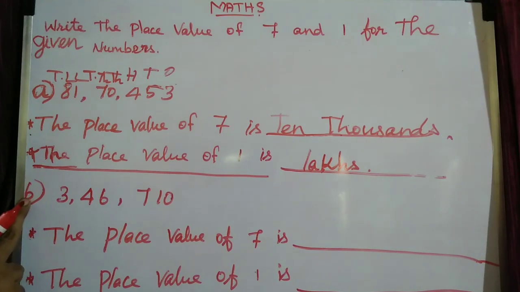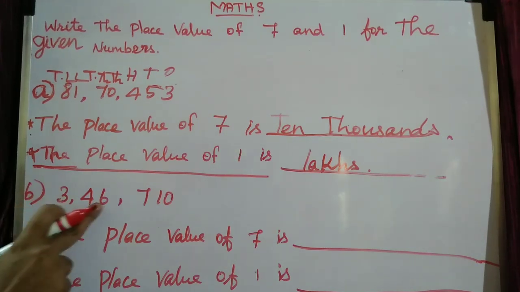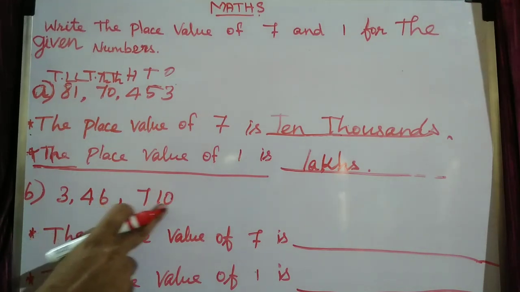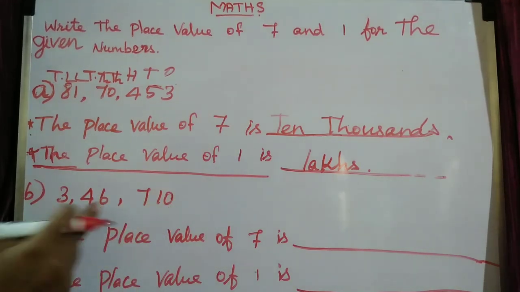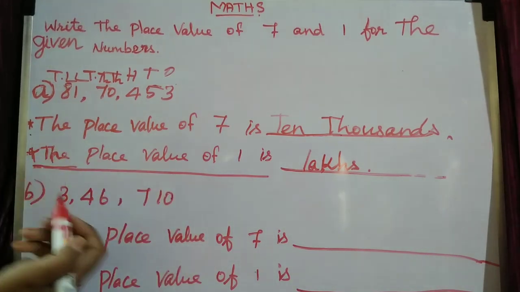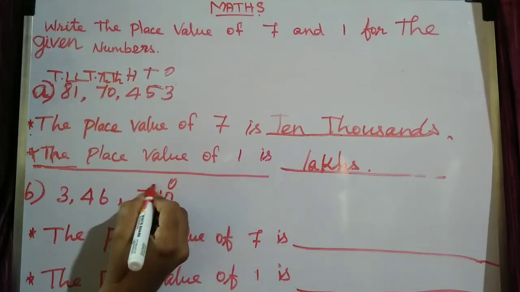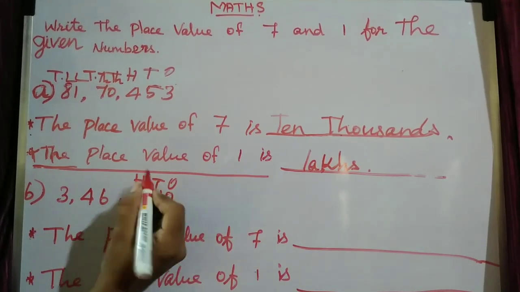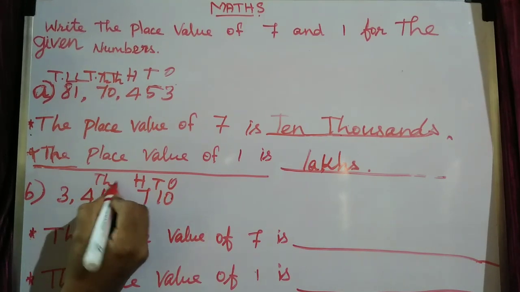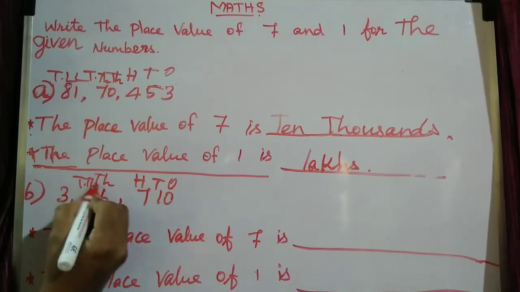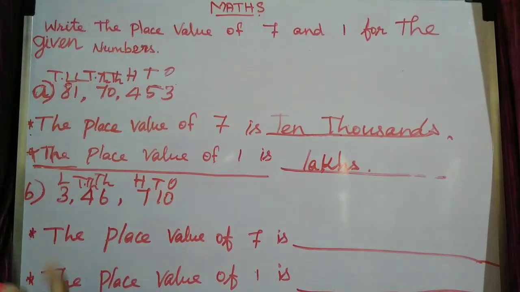Now see the second question B. 3 lakhs 46,710. Write the place values from right to left: ones, tens, hundreds, thousands, 10,000s, lakhs. The place value of 7 is dash.